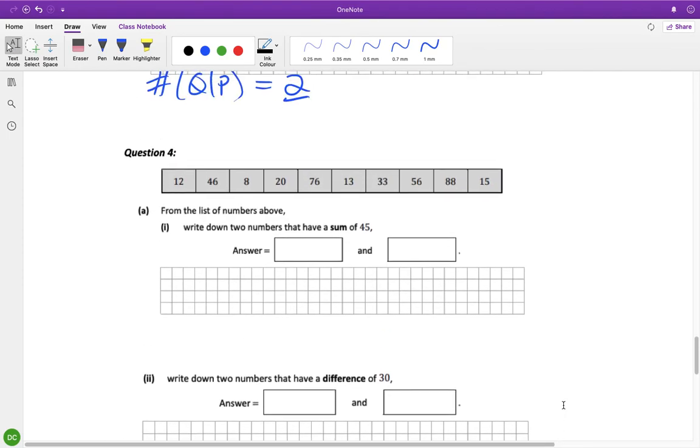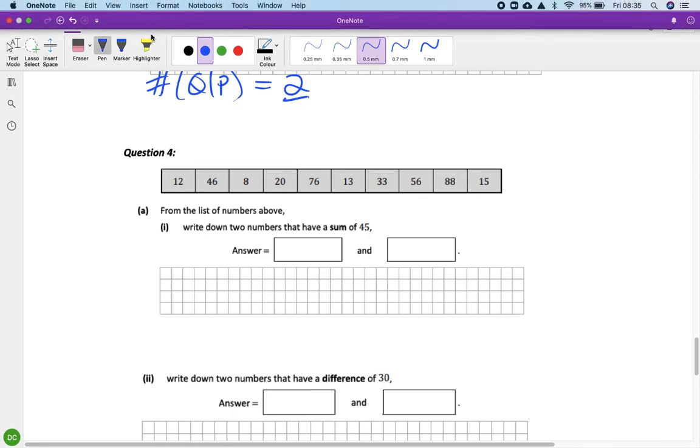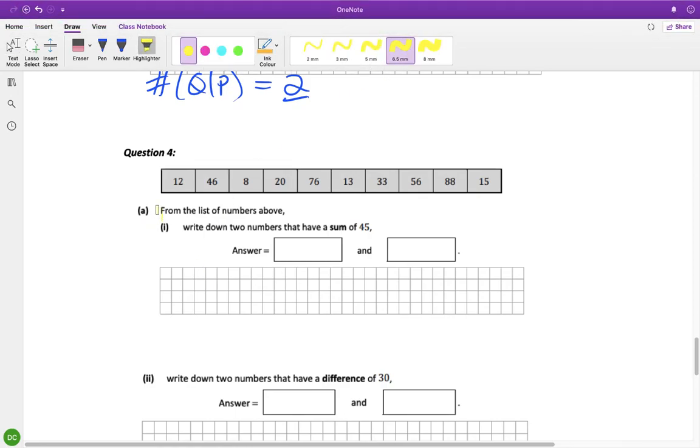Okay, so I suppose the first thing here is they give us a nice list of numbers, and very, very important is from the list of numbers above. Okay, so you need to use the numbers above. There is some marks as far as I remember going if you don't, but it's important to read the question. Okay, sum is adding.